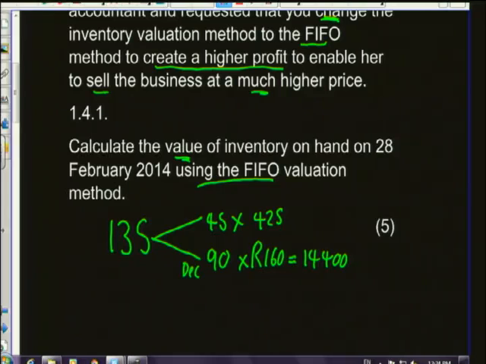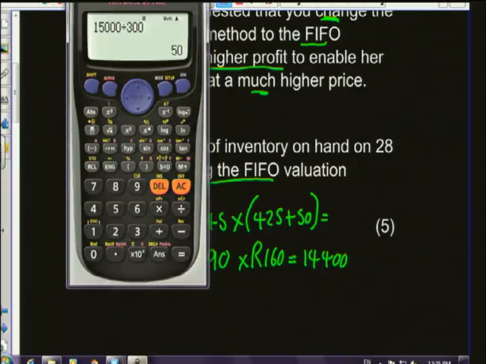Okay, so remember, 45 pairs obviously is coming from the month of November. We paid a purchase price of 425 Rand, but that obviously increased by a further 50 Rand that we had to pay in terms of taxes, in terms of import duties. So when I'm doing this particular calculation, I want you guys to watch very carefully.